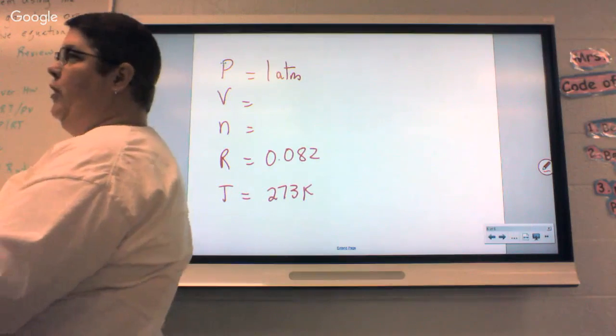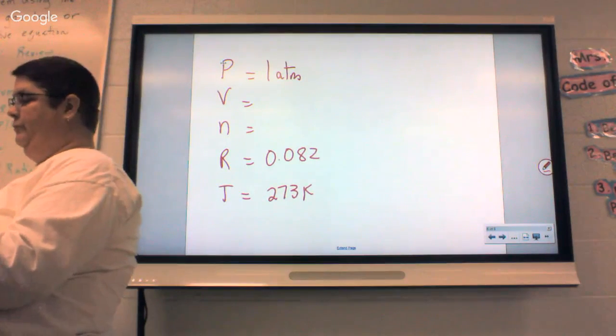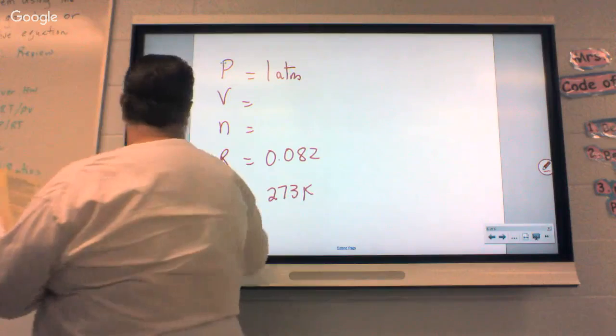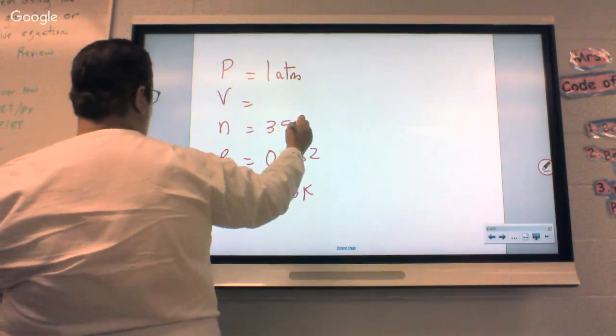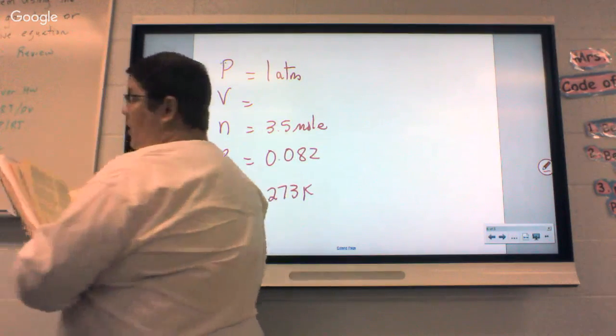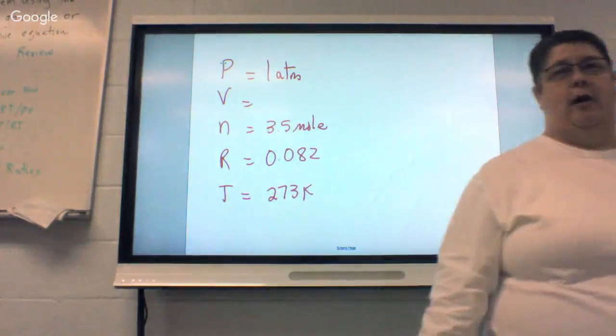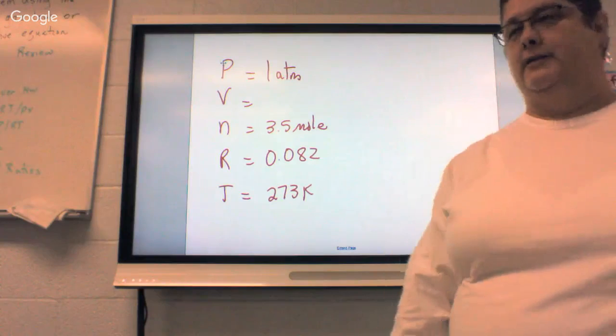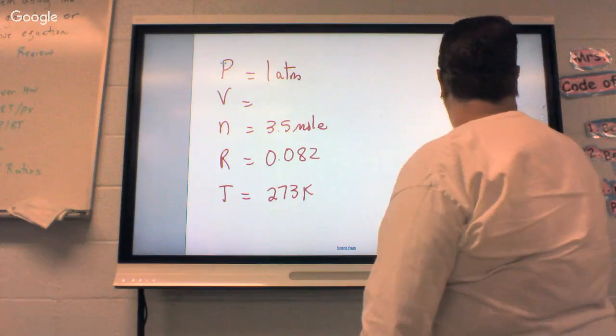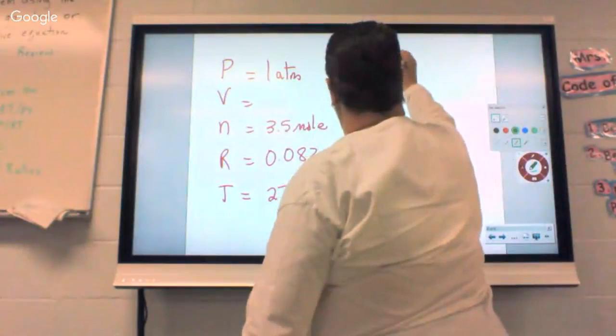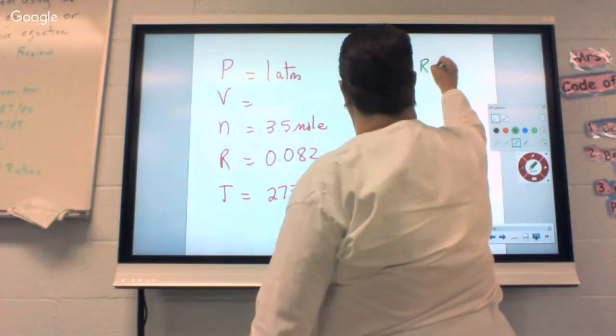So what else did they give you in the question? 3.5 what? Got it. N is 3.5 moles. All right, so that means you're solving for V. So is everything in the correct unit? Yes. So all we have to do then is plug in to PV equals nRT.